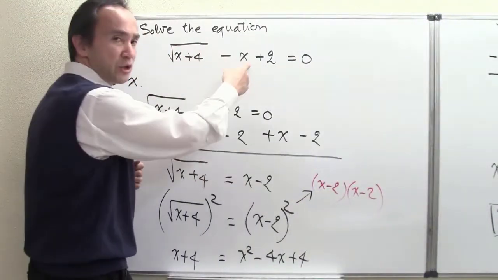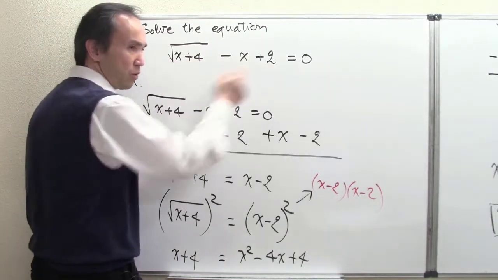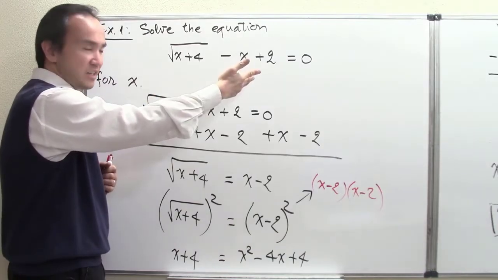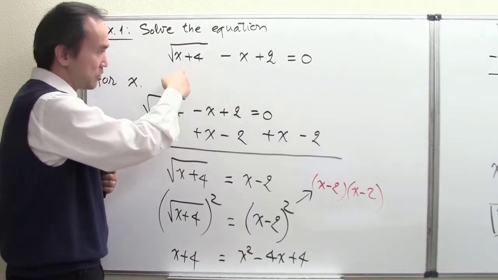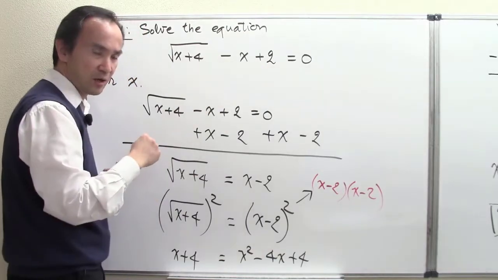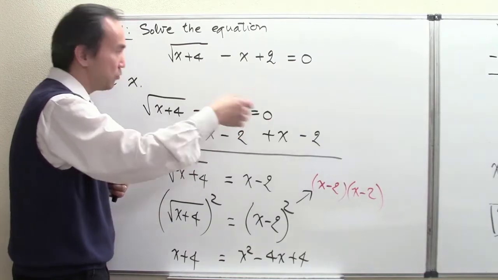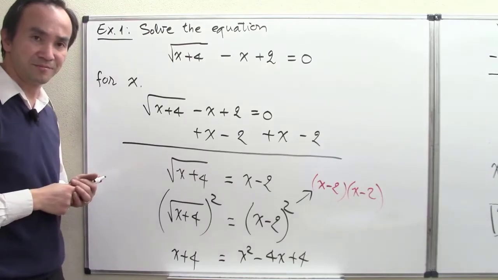So in order to have the square root of x plus 4 minus x plus 2 equals 0, we have found 2 answers. One possibility, x equals 0, will make the left hand side equal to the right hand side. Or as another possibility, x equals 5 will make the left hand side equal the right hand side.